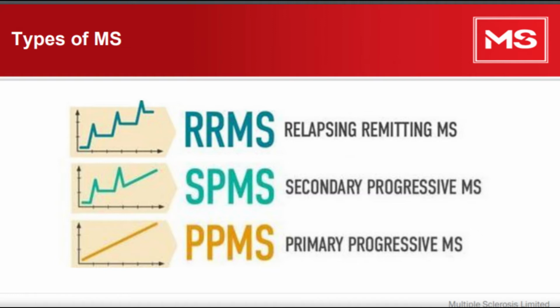So you can see that with relapsing remitting, over time, there are episodes of symptoms getting much worse, and then the symptoms will recuperate, and then there'll be a period of stability, and then another relapse, and then some recovery from that relapse, and another plateau, and then another relapse.